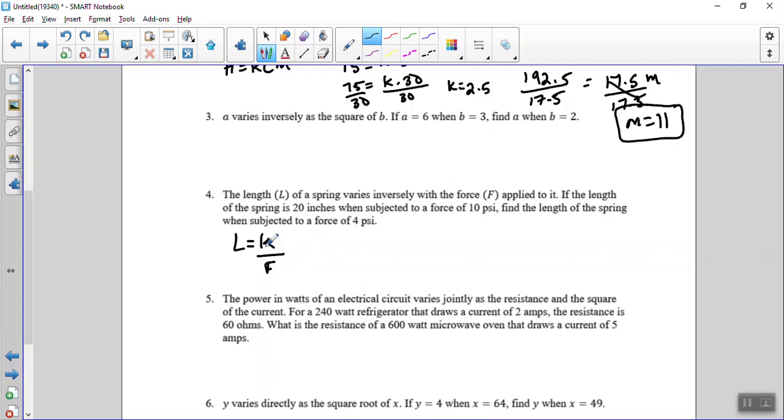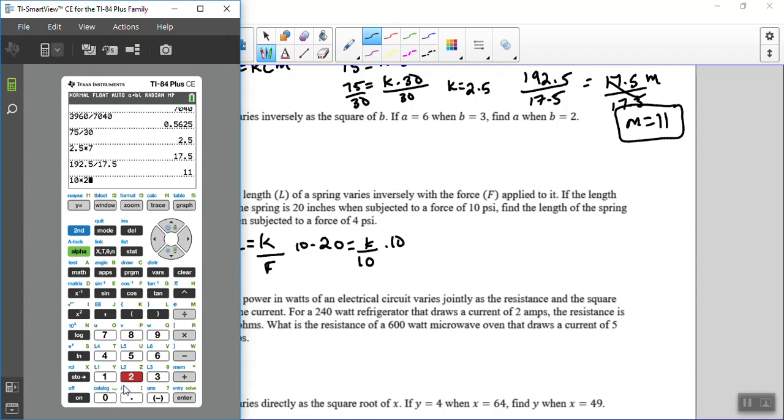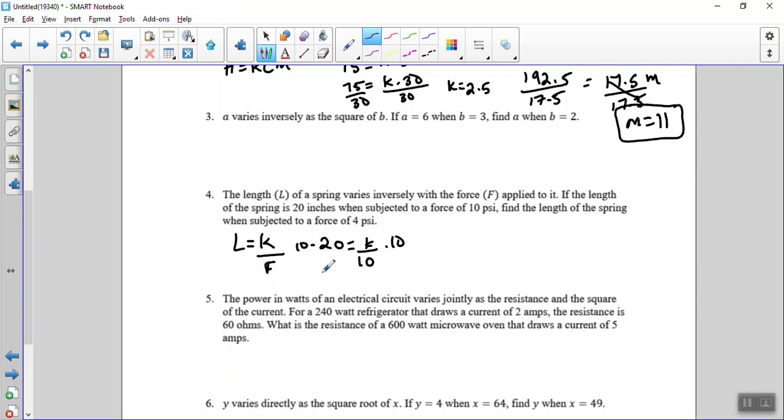If the length of the spring is 20, L is equal to 20, when subjected to a force of 10, so over 10, find the length of the spring when subjected to a force of 4. Before I do that, I have to first find what K is. So that's 10 times 20 is 200. Oh gosh, sorry, I just had a brain freeze. 200 equals K.